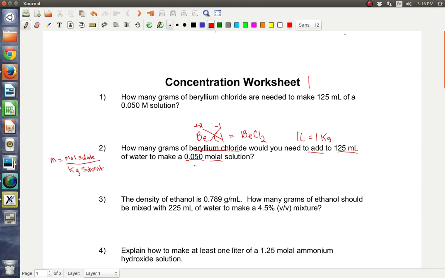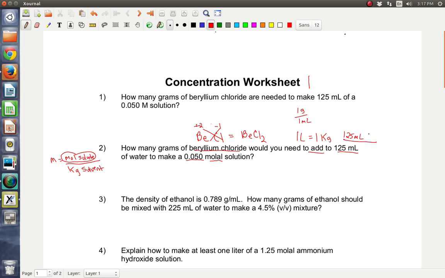So first, now I know I have beryllium chloride, and that's the moles of solute. We're going to try to figure out first the moles of solute and then turn it into grams. And I also know what the solvent is, 125 mils, so I've got to turn that into kilograms. So 125 milliliters, and the density of water, like I said, is approximately 1 gram per mil.